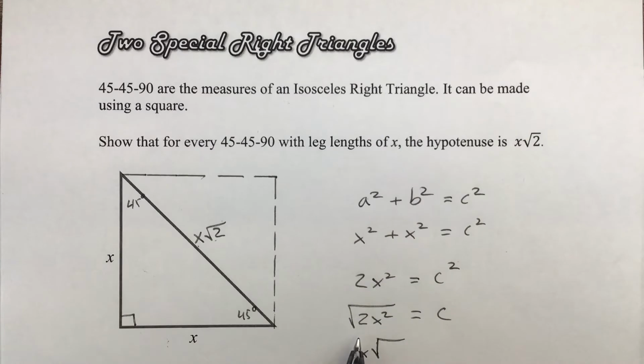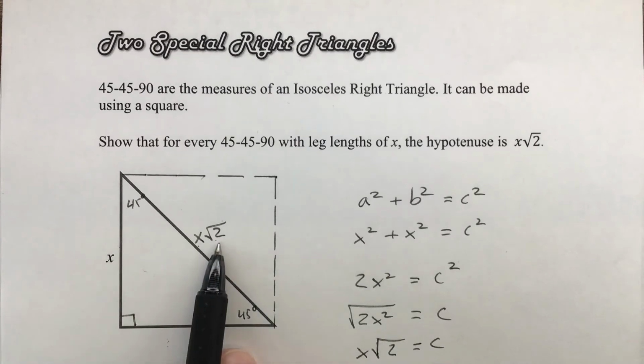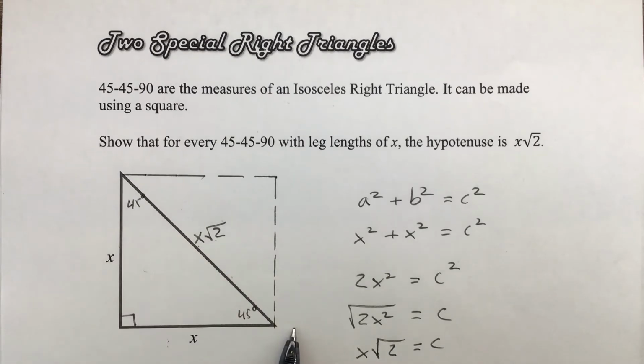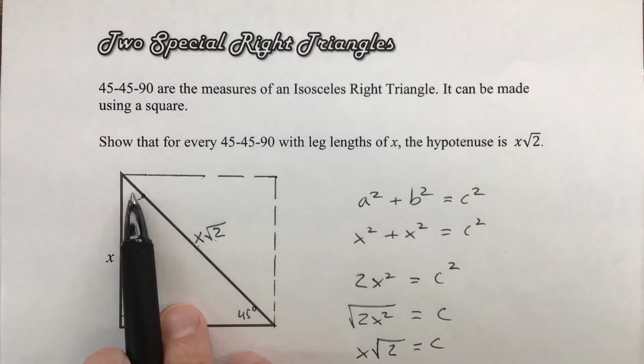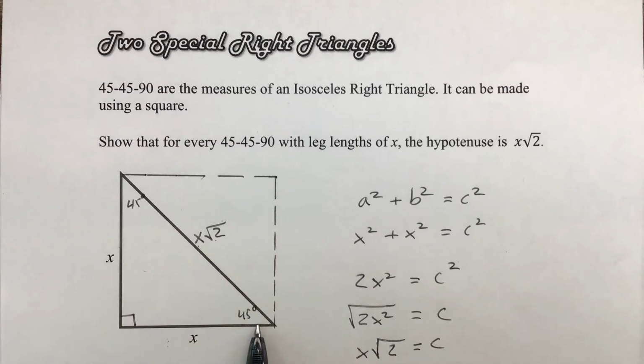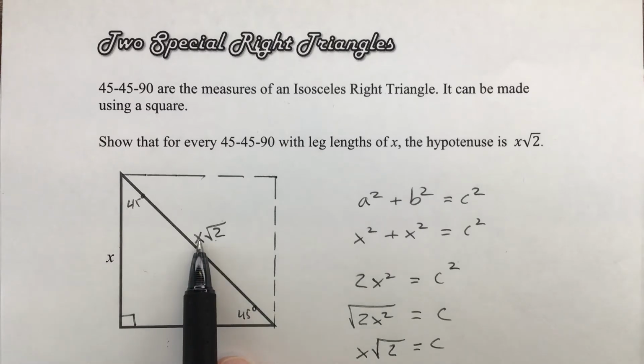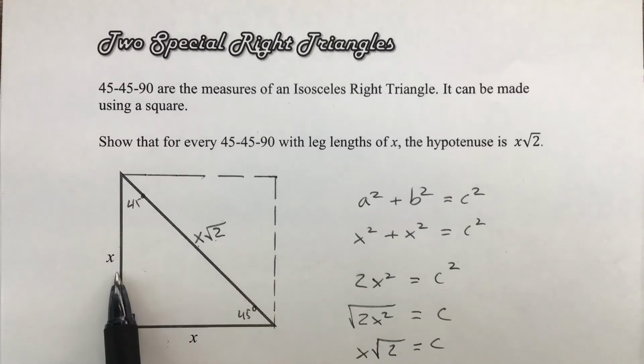But because the 2 is not a perfect square, it stays inside. That is the length of your hypotenuse. So given any leg length, you can multiply by the square root of 2 to get the hypotenuse. Or if you have the hypotenuse and you know this is the type of triangle you've got, you can divide the hypotenuse by the square root of 2 to get the leg lengths.